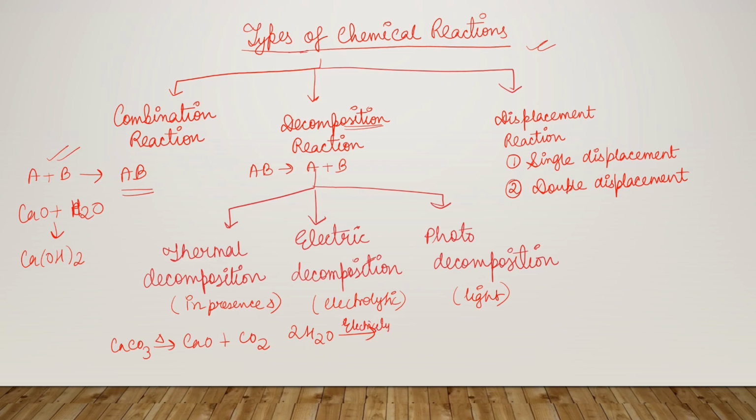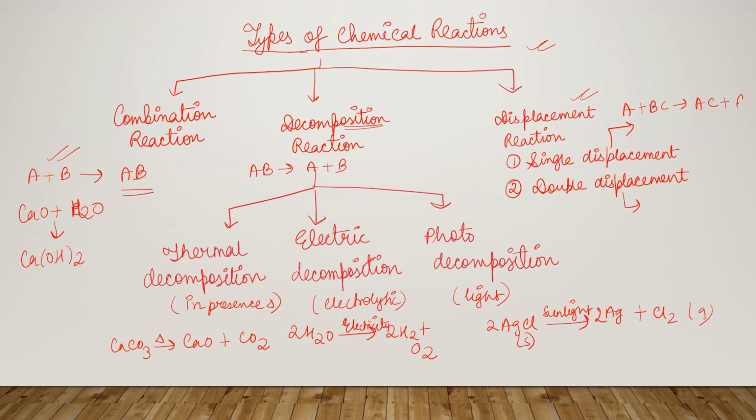Next is your electrolytic decomposition of water, electricity will break them to form H2 and O2. And next is your photodecomposition, AgCl solid in presence of sunlight will break to form Ag plus Cl2.